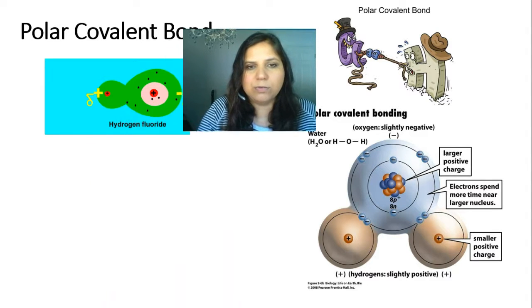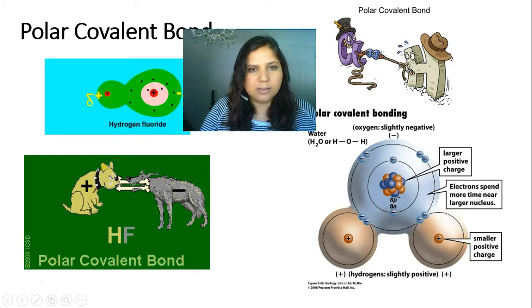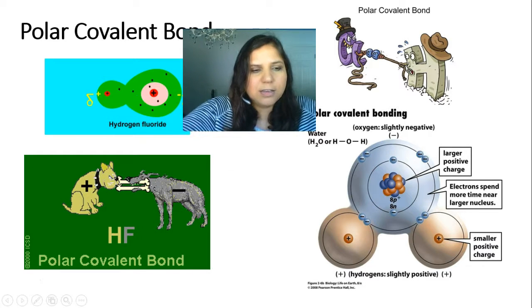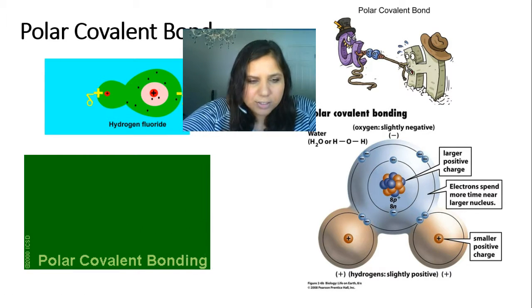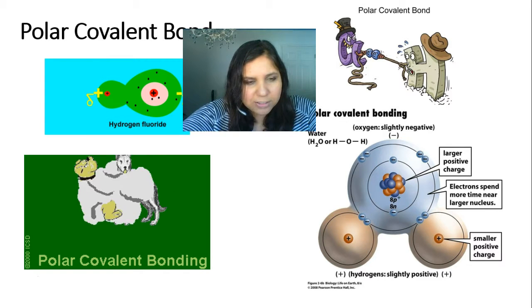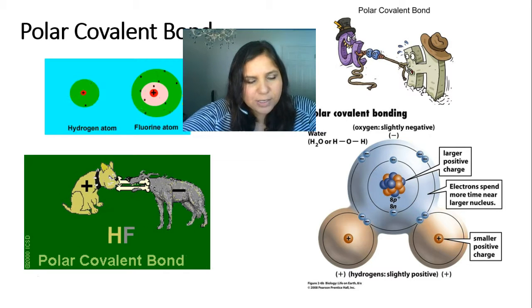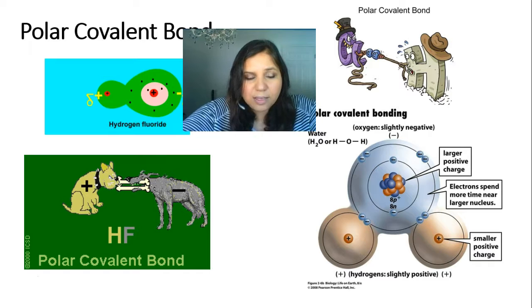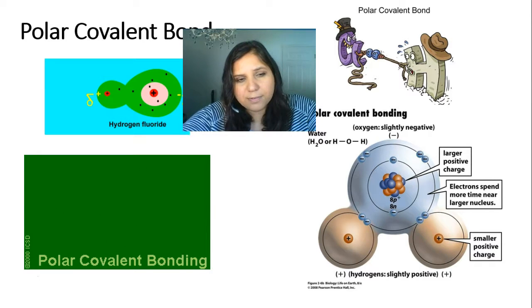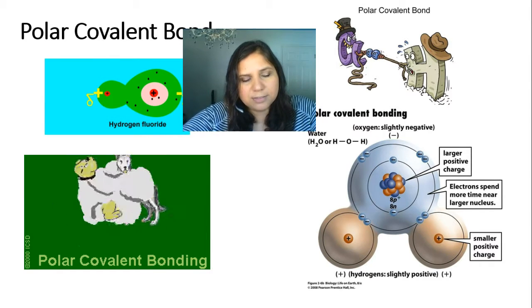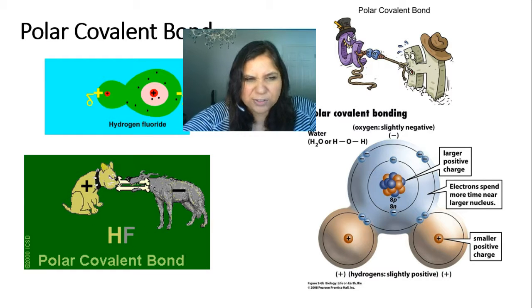And so, of course, here are the dogs again. Here you've got a stronger dog and a not so strong dog, and they're trying to share bones, but one dog is stronger than the other, and so he has more of a portion of the bones than the other dog has. That's what we'd call polar covalent.